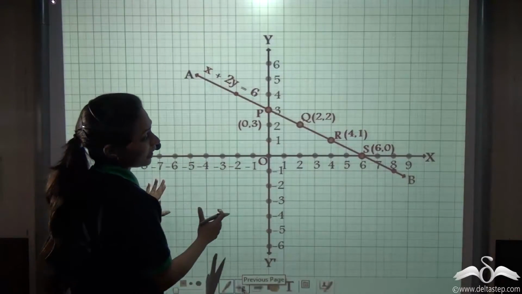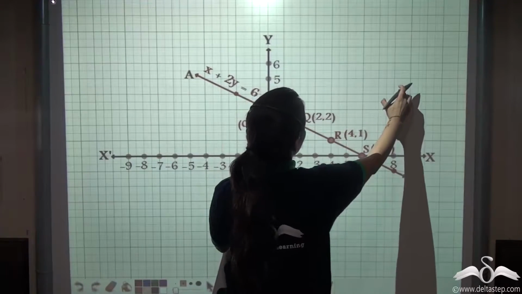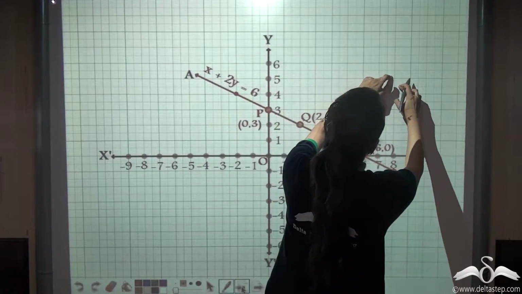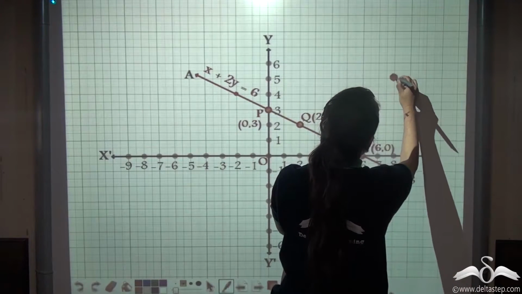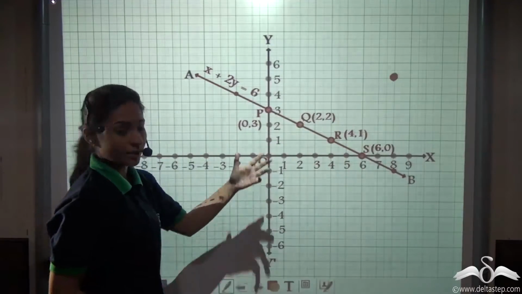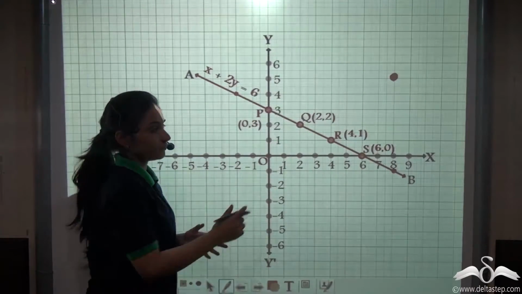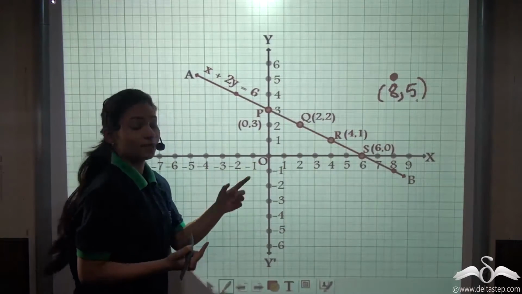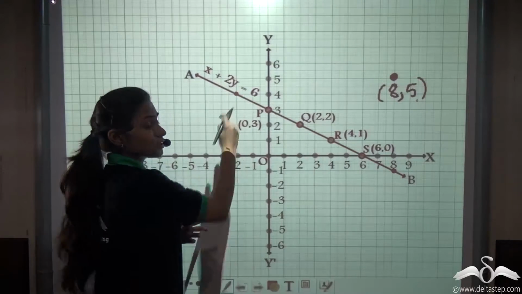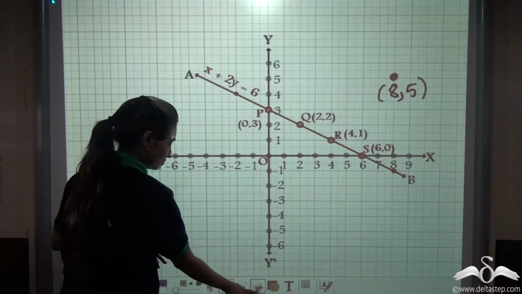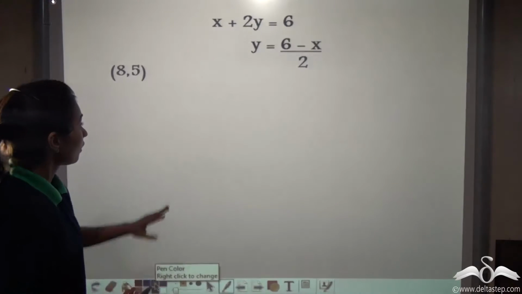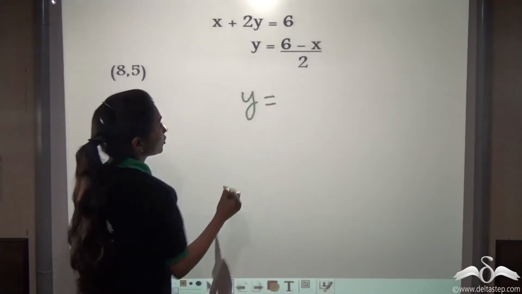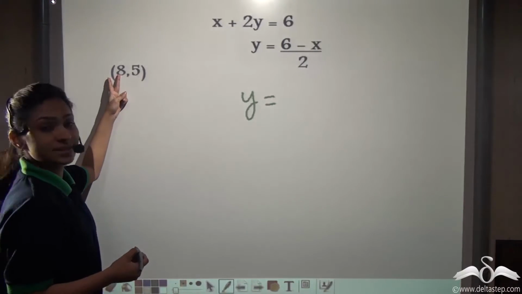Where does 8, 5 lie? 8 on the x-axis and 5 on the y-axis. This point. Well, this point does not lie on the straight line. Does that mean it will not satisfy this equation? Check. We have to check for 8, 5. We should get y as 5 if x is 8.